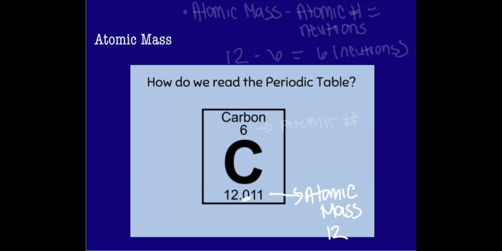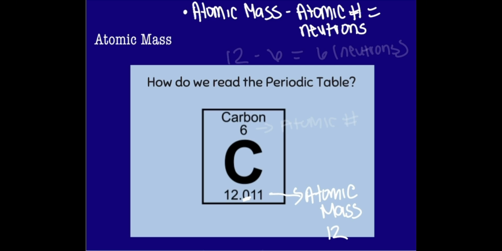In order to find the number of neutrons, we will actually use a formula. The formula that we will use is the atomic mass minus the atomic number. This formula helps us to identify the number of neutrons within this atom. So let's try to find the number of neutrons for carbon by using this formula.